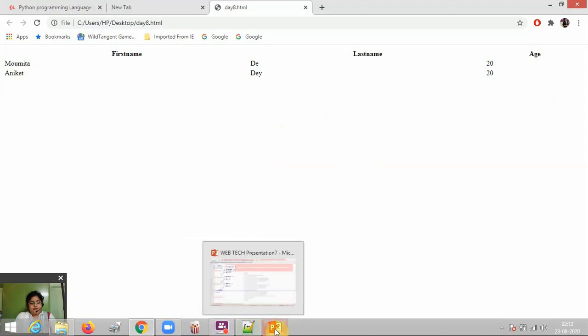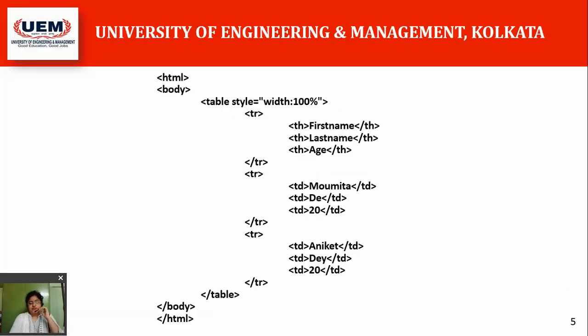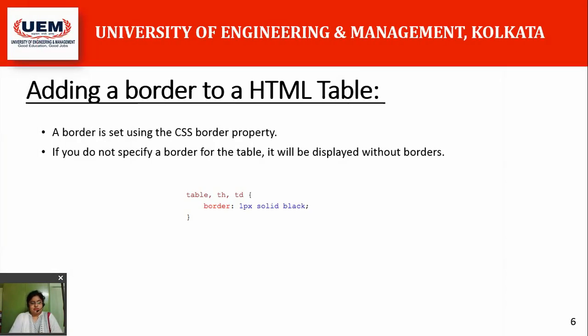Okay, now if I want to give it a border, for that we have to use the next element, which is the border element. In this CSS border property, you have to add table, th, td, border 1px solid black for a solid 1 pixel black border.